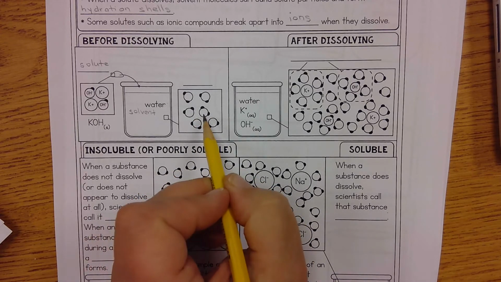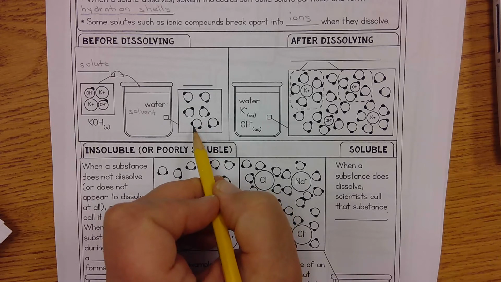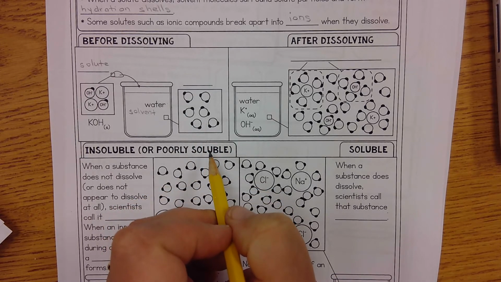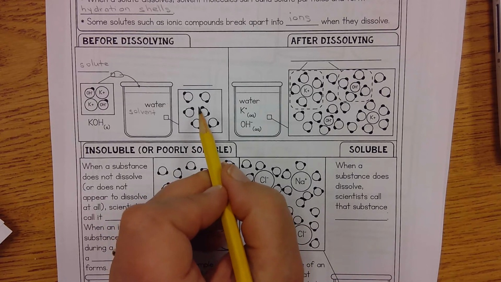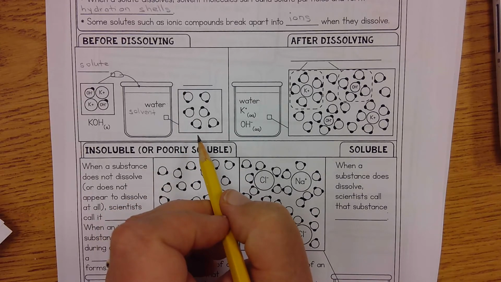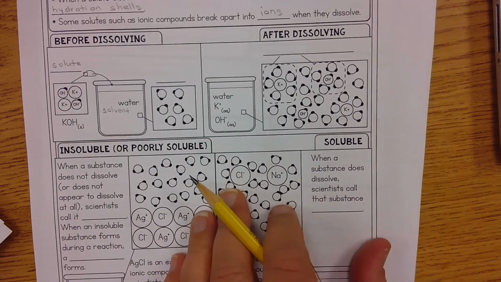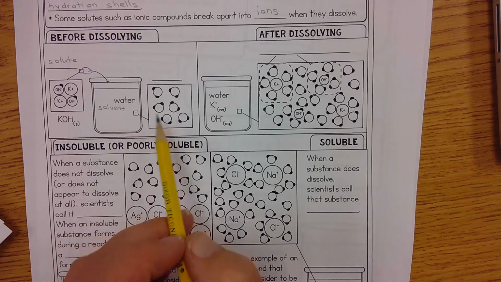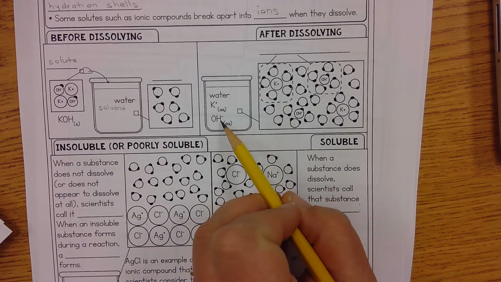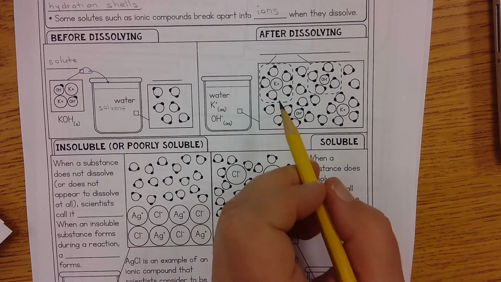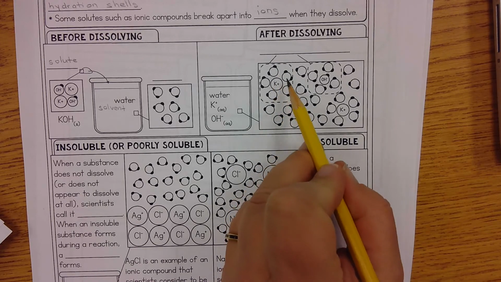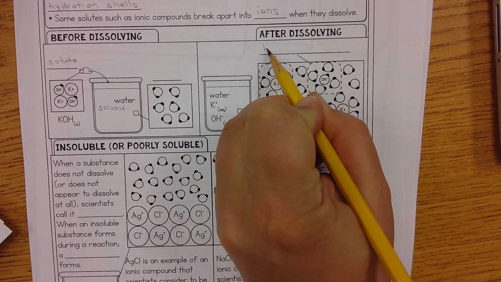Well, I guess this is my water, right? It's the solvent. I see the oxygen, hydrogen, water molecules, right? So they're going in, okay? Then that's before dissolving, so they're separate. So then once you dump the potassium hydroxide in the water, what you get is these hydration shells.